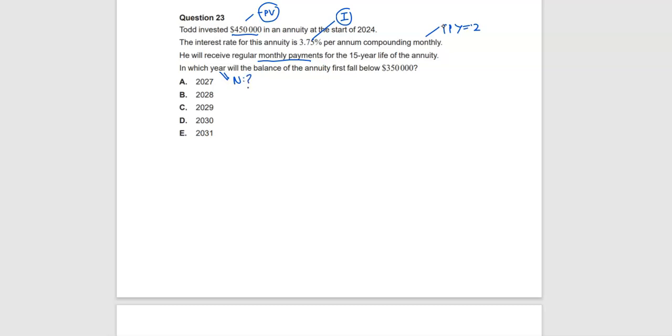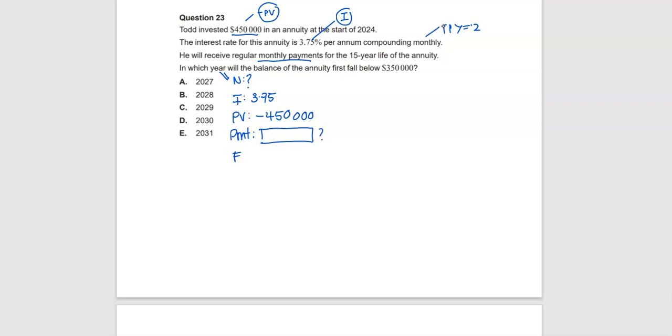Okay, so if I write out everything I need for Finance Solver, if it's N, I need the interest rate, so I've got 3.75. PV, all right, good, I know he started off by investing 450,000. The payment: he says he receives payments, but I'm missing that. I don't know that, so there's something I'm missing.